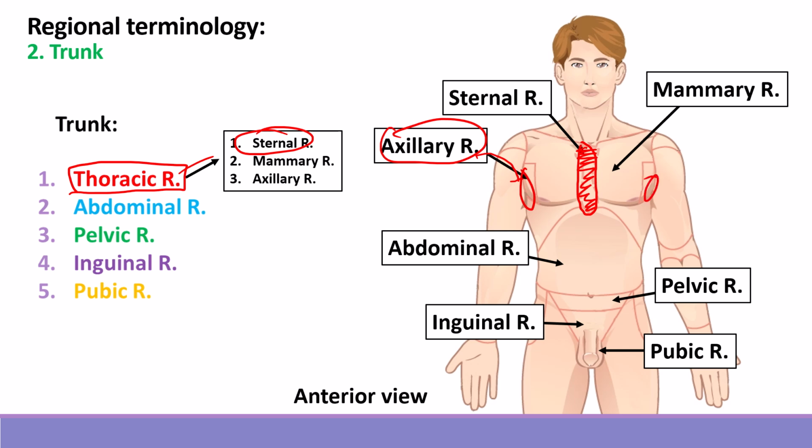Blood vessels like arteries, veins, and lymphatic vessels or lymph nodes that are located in the axillary region will have the name axillary. So we have an axillary artery, axillary vein, axillary nerve, axillary lymph nodes. So you can see there how important it is to know these regions. And then the other ones we already mentioned, pelvic, abdominal, inguinal, and pubic region.